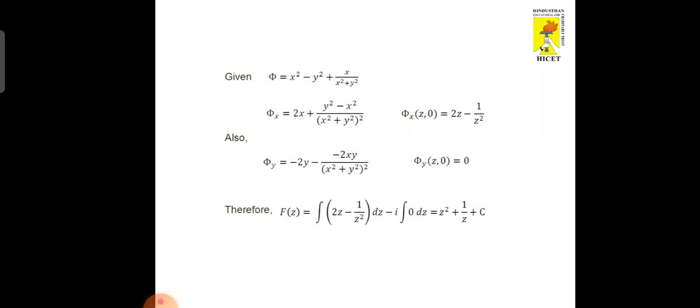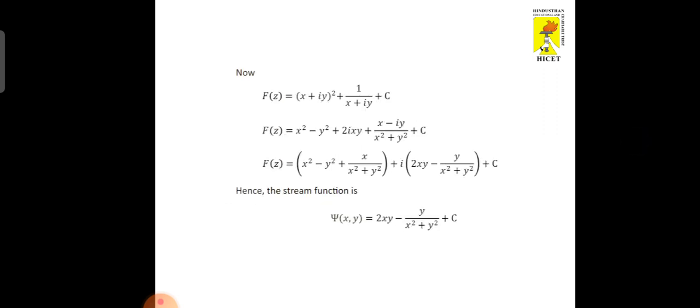But our required question is to find the stream function. So after finding the analytic function, we replace z = x + iy. So f(z) = (x + iy)² + 1/(x + iy) + c. Now we simplify and separate the real and imaginary parts. Here the real function is considered the velocity potential and the imaginary function is the stream function.